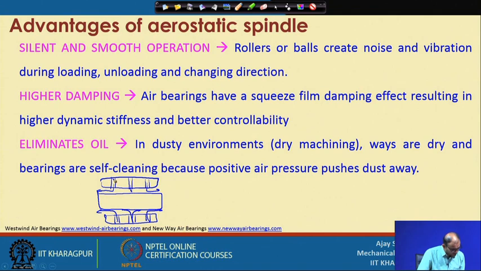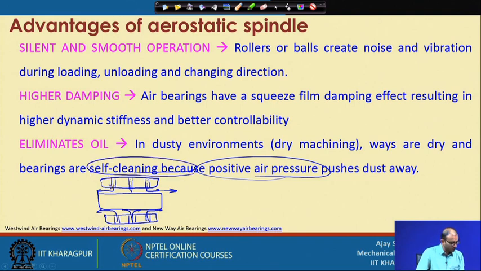By chance if there is some dust available, because this is a positive air pressure, they are actually expelling everything away. It is not sucking inside, correct. If it were going inside, then there is a problem, that whatever dust particles are there would become a part of the system or part of the full closed loop circuit. But here what we are doing is expelling everything out. So, it is self cleaning.